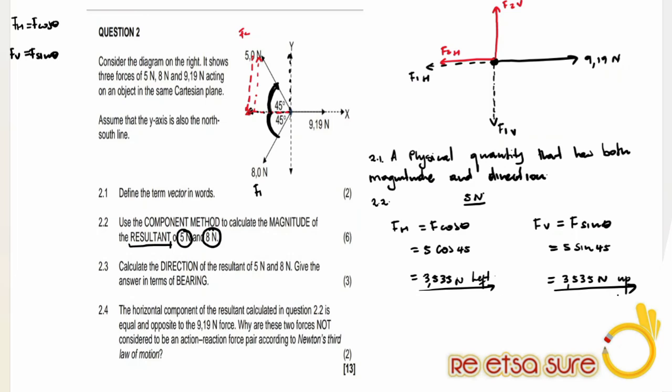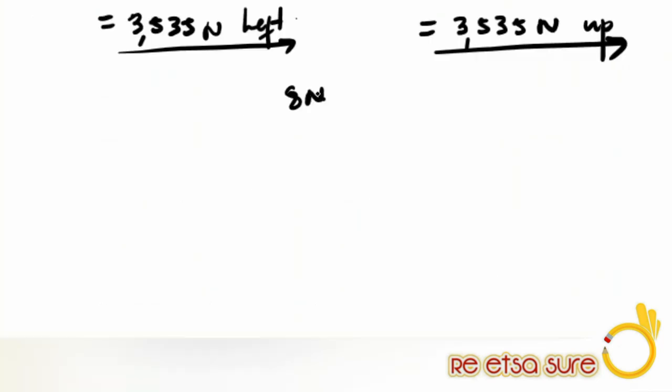Okay, so now I'm done with 5 Newton. Now let me go to 8 Newton. I'm going to determine the components of 8 Newton. So for 8 Newton, I'm still going to use the very same formula to determine the F horizontal.